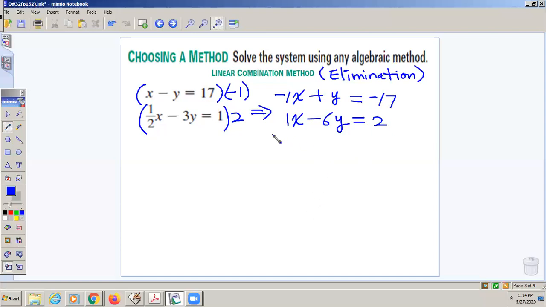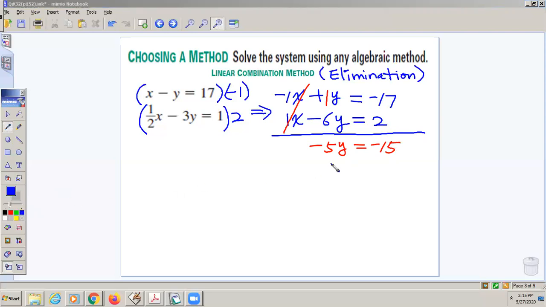All right. Now, using the combination method or the elimination method, we're going to combine these two equations, and you can tell that it's going to eliminate the x variable, because -1x and positive 1x is 0x. So the x is eliminated there. Then 1y and -6y is going to be -5y, and -17 and positive 2 is going to be -15.